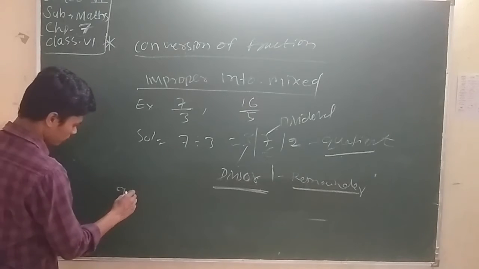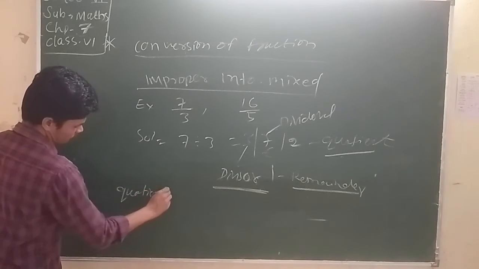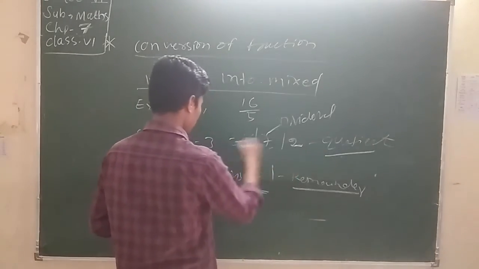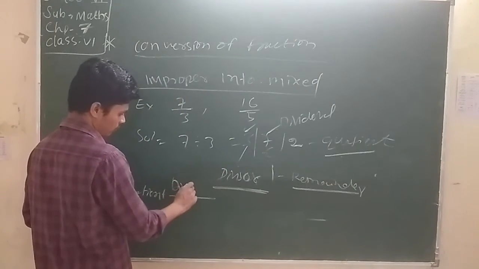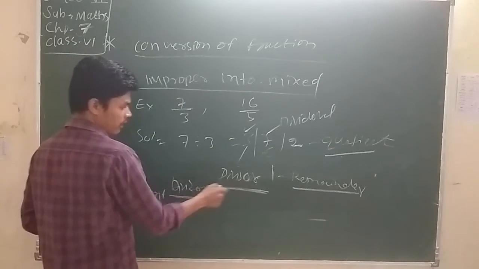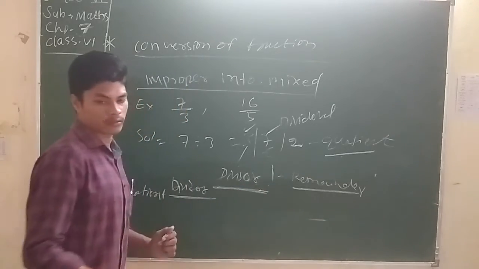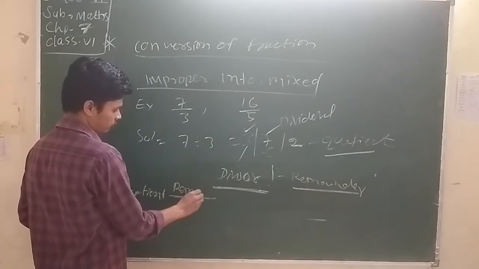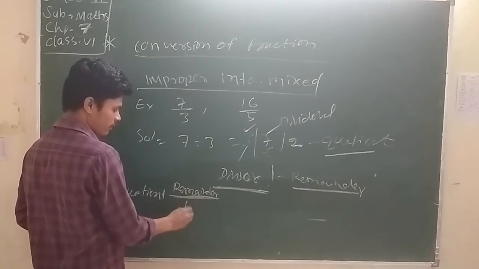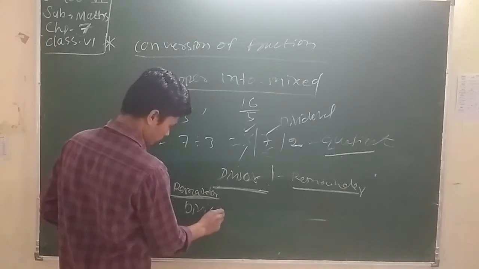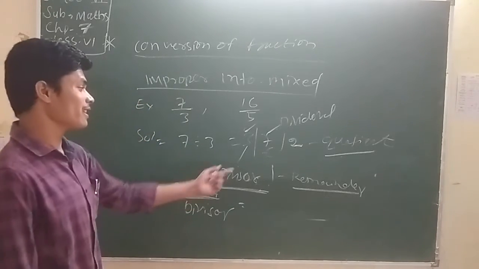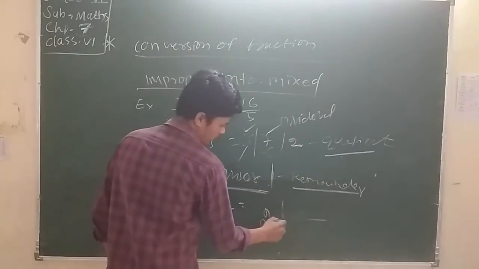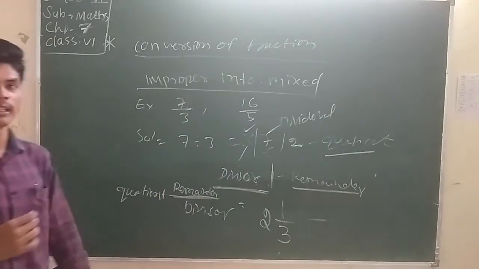Then the remainder by the divisor. Sorry, not the divisor alone, here the remainder over the divisor. So the answer is 2 whole 1 by 3.